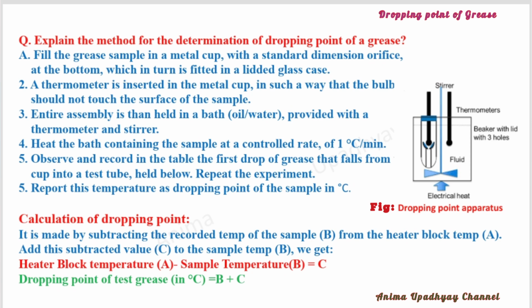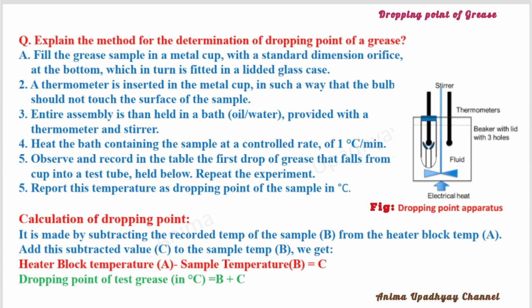This cup has a standard dimension orifice, that is a hole at the bottom of the cup, and the cup is in turn fitted in a lidded glass case, as you can see in the figure. A thermometer is inserted in the metal cup in such a way that the bulb of the thermometer should not touch the surface of the sample, the grease which is taken in the cup.